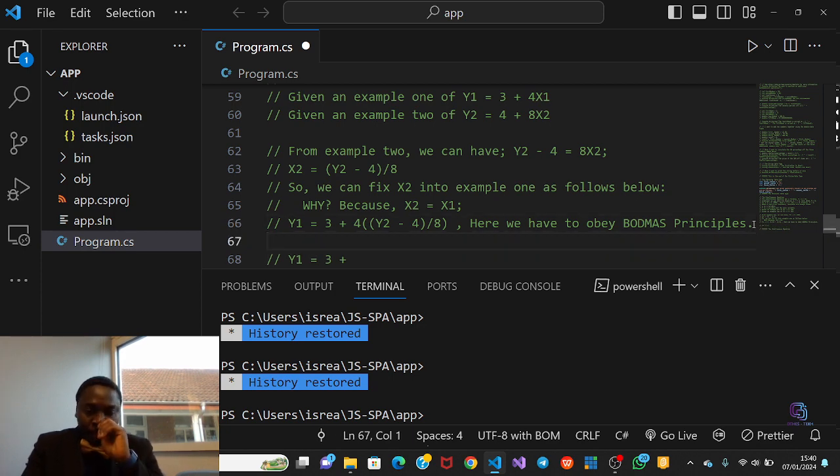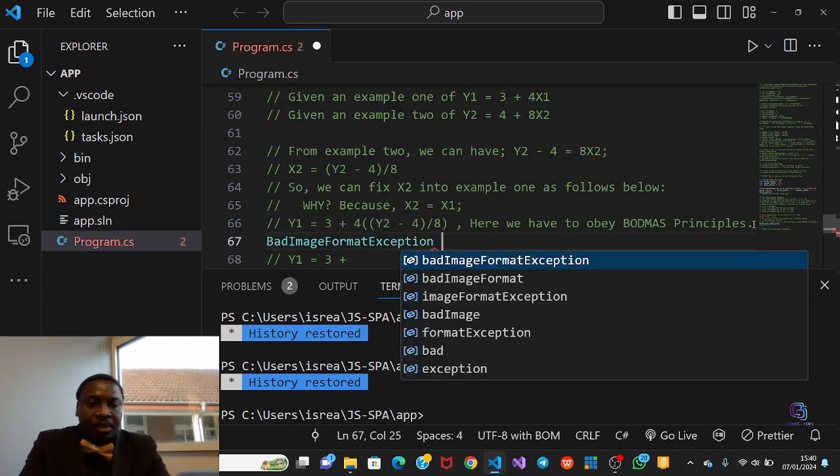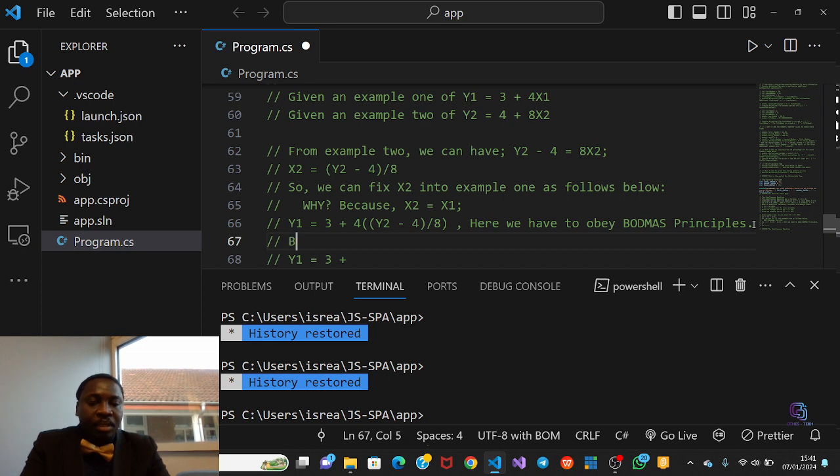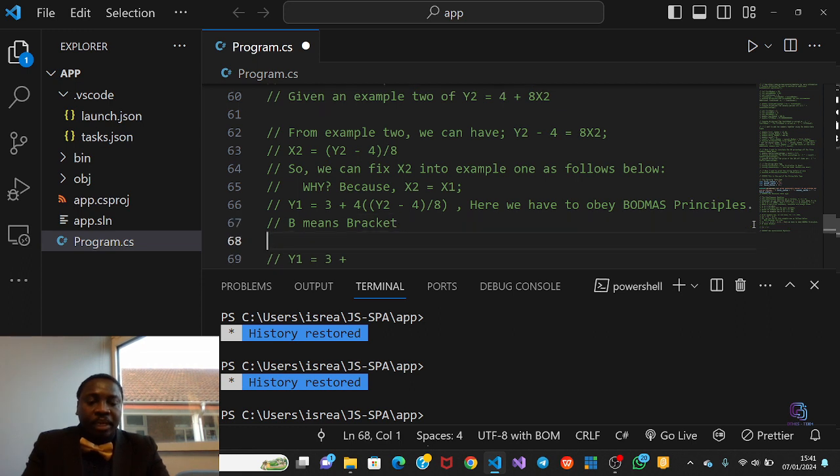So I'll say B, sorry, I have to use my comment. I'll say B means bracket. Next, O means order of operation.